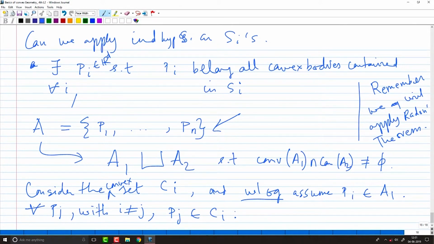See, the only possible point from P1 to Pn that may not belong to Ci is Pi. Otherwise, all the points belong to Ci, by the way. That is how we have constructed the set, right? Good. So, what does that mean?